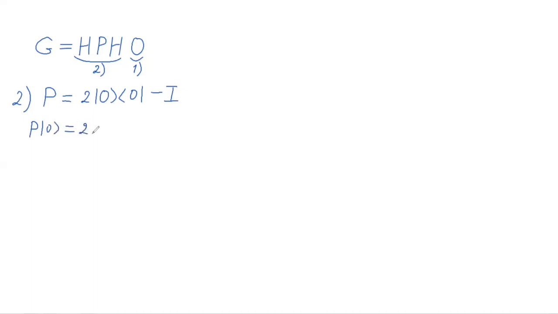It will be 2 ket 0 bra 0 vector 0 minus the identity matrix times the 0 vector. This part here is equal to 1 because this is the scalar product of a unit length vector with itself, and therefore this becomes 2 times the 0 vector minus the 0 vector, and this is just the 0 vector.